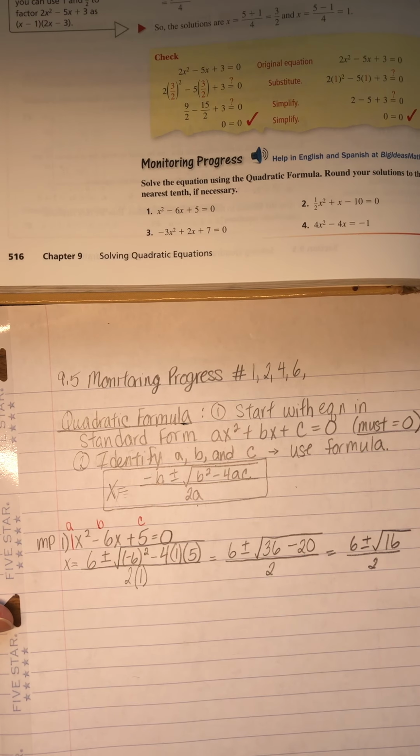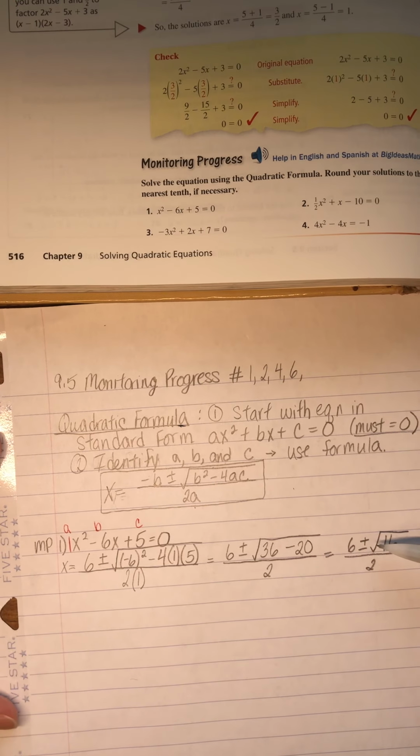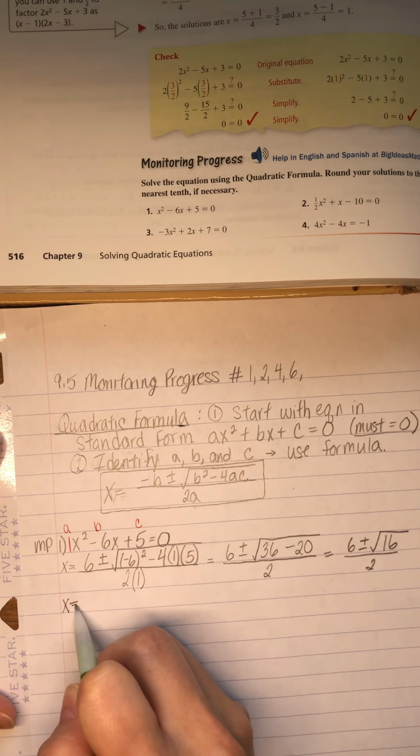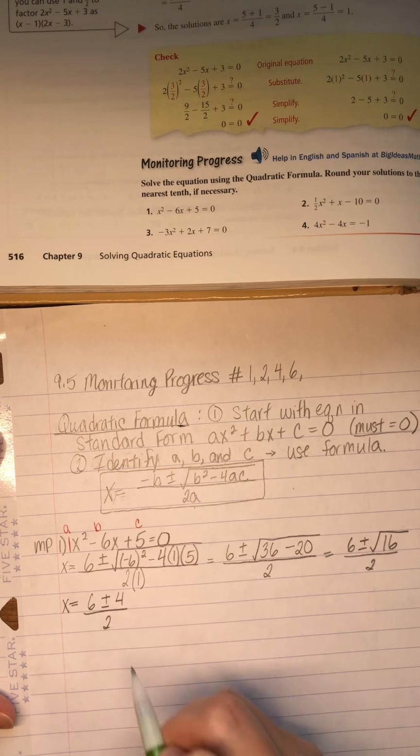Now from here, my next step is I'm going to take the square root of 16. Now we know that the square root of 16 is 4, and this plus or minus symbol here is making sure that we remember that it's not just 4, it's +4 and -4. So I'm going to go down here, x equals 6 plus or minus 4 over 2.